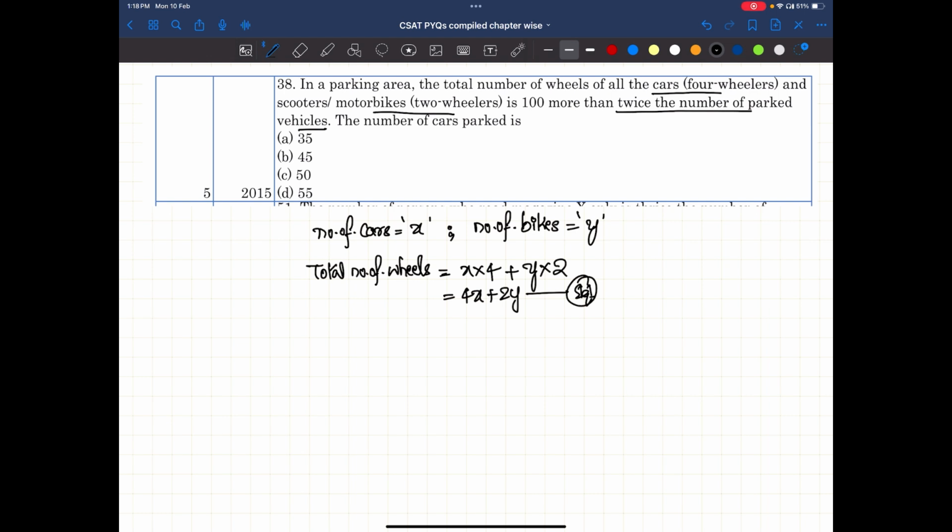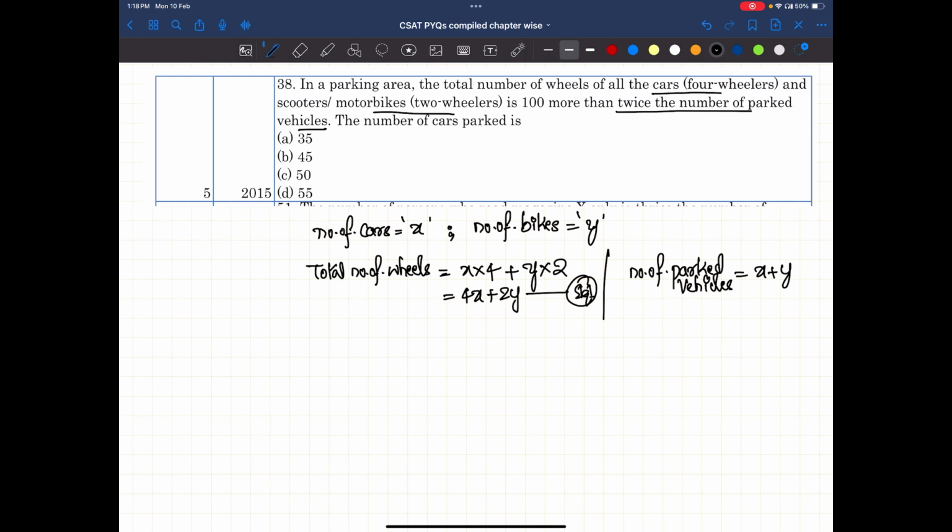And now he's telling that this total number of wheels is 100 more than twice the number of parked vehicles. What is the number of parked vehicles? It is nothing but X, total number of cars plus total number of bikes.